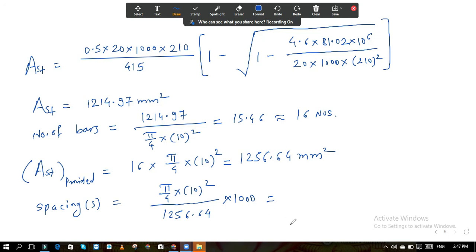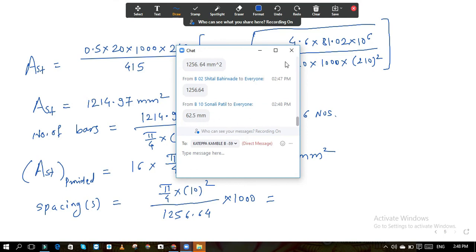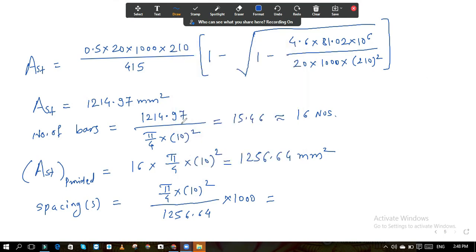Calculate this answer. 62.5 mm. So we will round this up to 60 mm center to center. So this is the spacing.